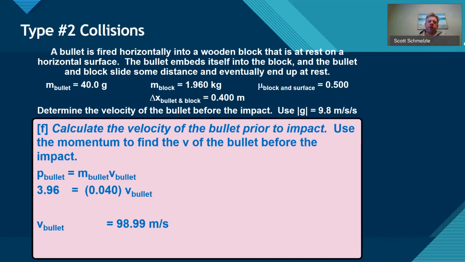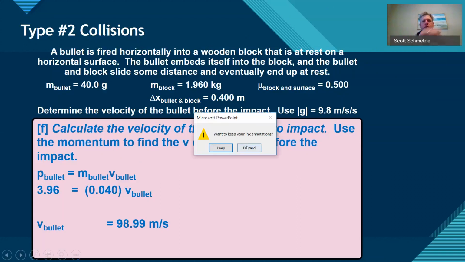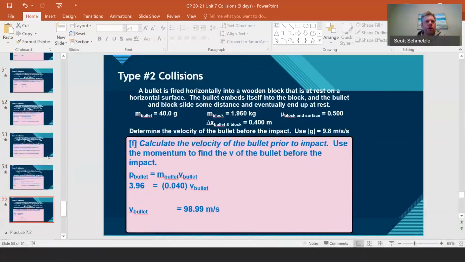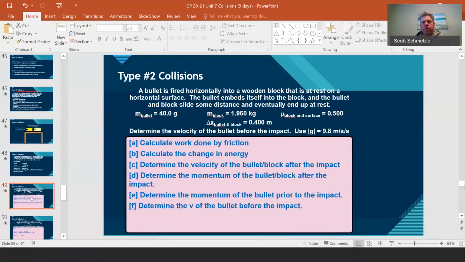Okay. So what we end up seeing here is, to kind of recap it all for you. All right, and I'm going to kick out of here and just show you this. Discard that. Okay, so the path that we took to get here, right? We calculated the work done by friction. All right, we calculated the change in energy, which was the same as the work, because the work needed that energy to slow it down.